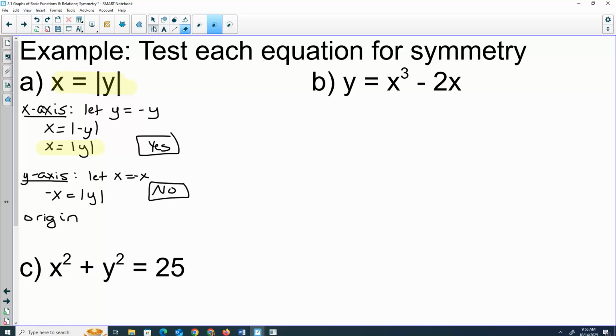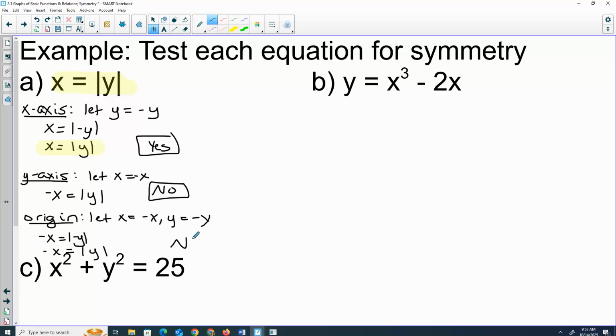If it's symmetric to the origin, both x and y change signs. So I have a negative x equals absolute value of negative y. Now on the inside of my absolute value, I can drop that negative, but I still can't get rid of the negative out in front of my x, so this one is still not symmetric.